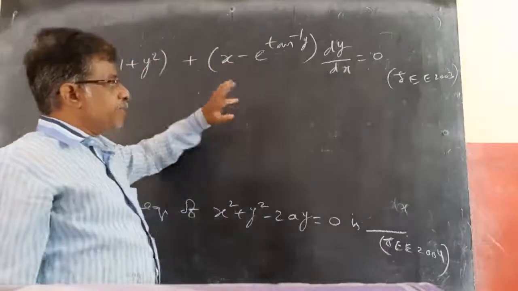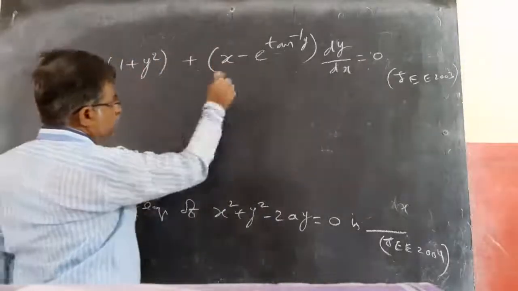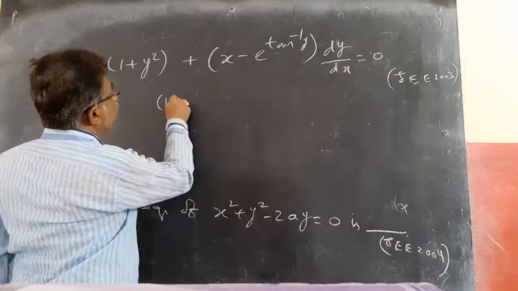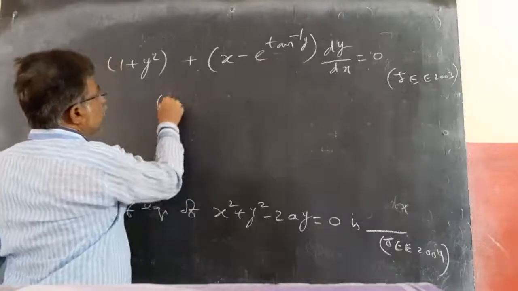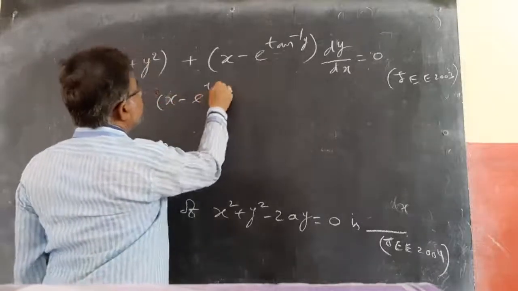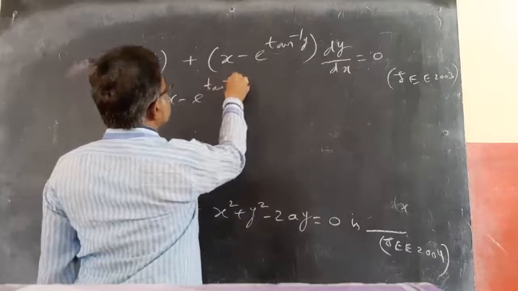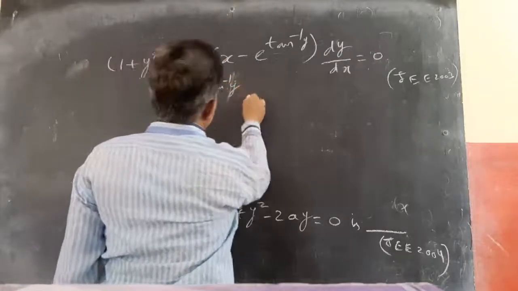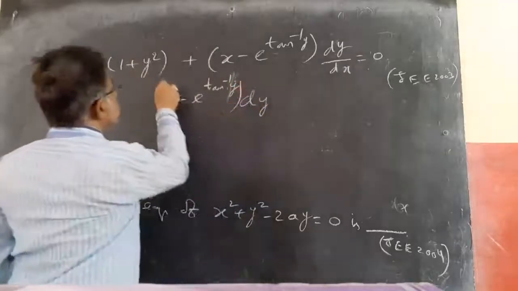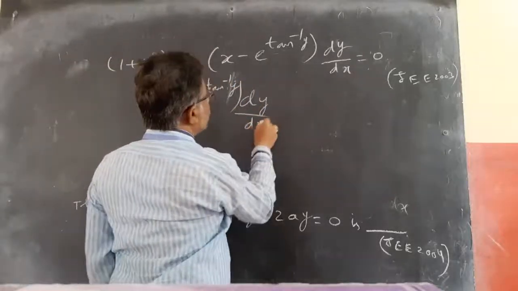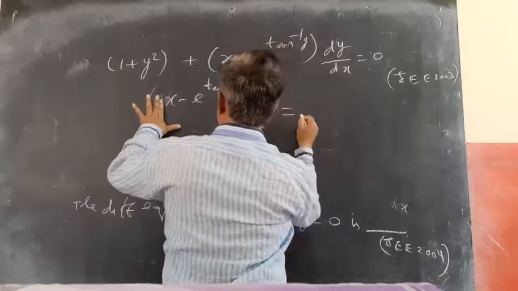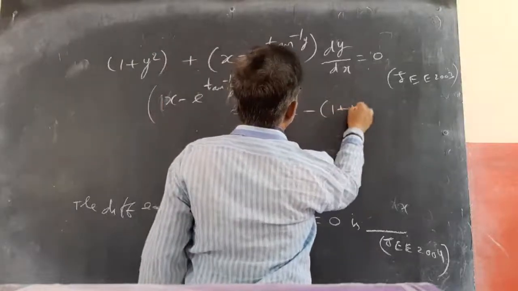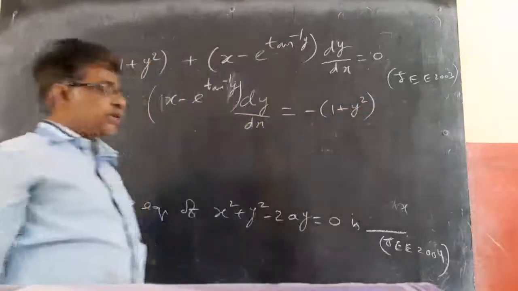You cannot separate, because if you bring 1 plus y square to that side, what happens? (x minus e power tan inverse y) into dy by dx equal to minus of (1 plus y square).